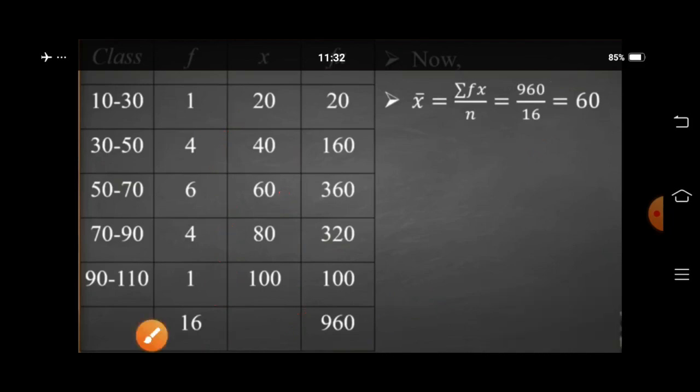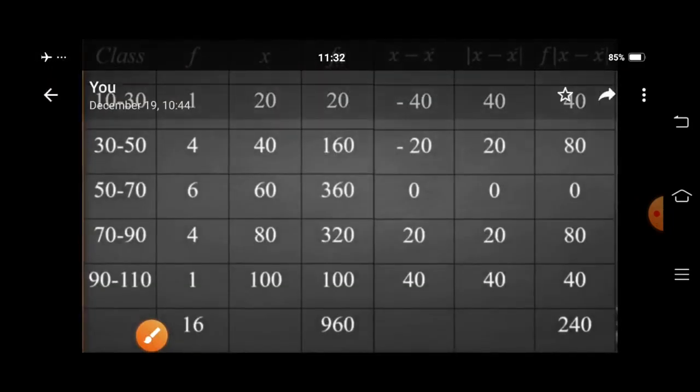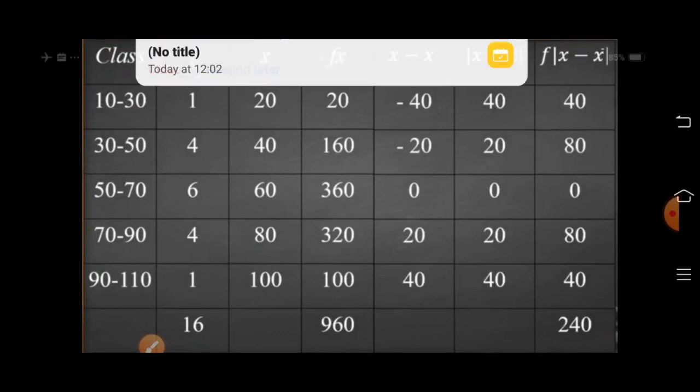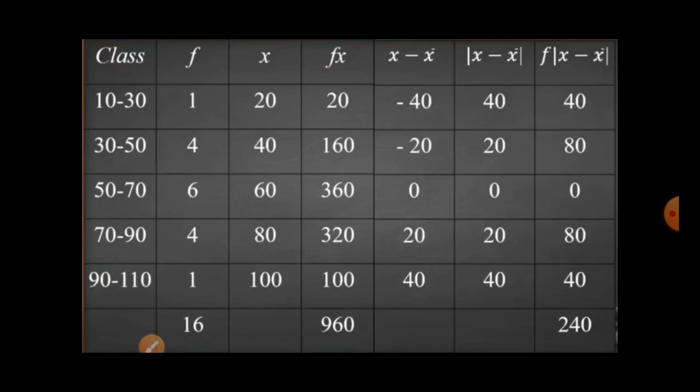Now for finding the mean deviation we need more columns: x minus x bar, absolute value of x minus x bar, then f into the absolute value of x minus x bar.